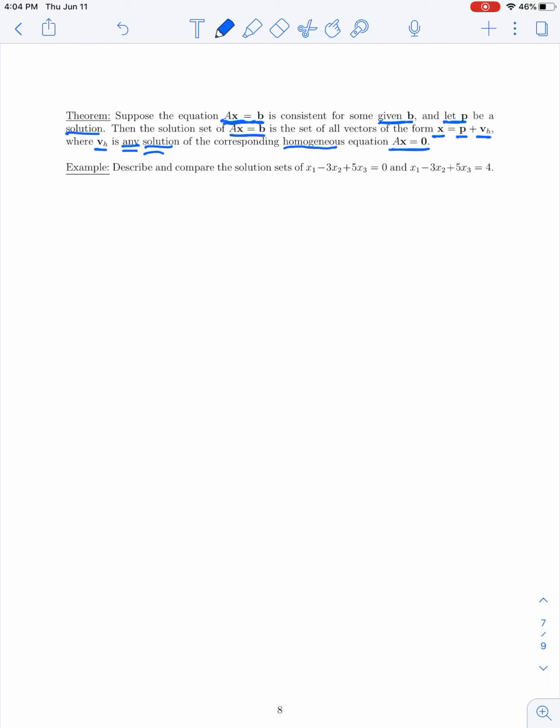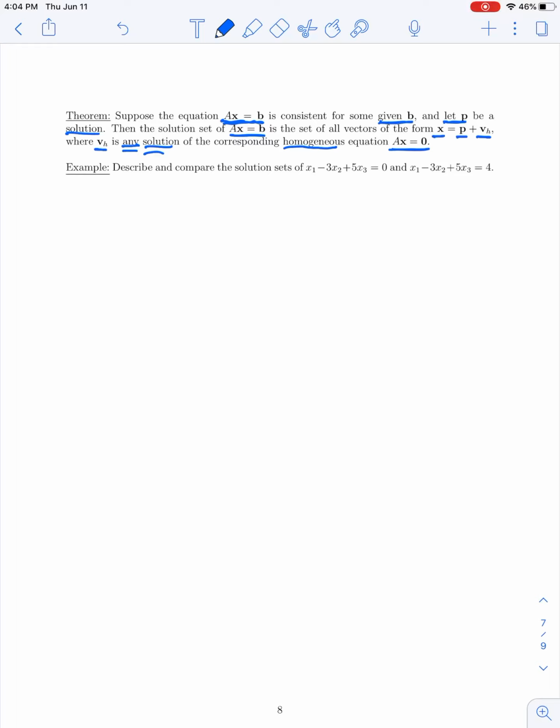So if we find one solution of a linear system, and I know the solution of the corresponding homogeneous system, I can construct every solution of that system by taking the sum of those values.